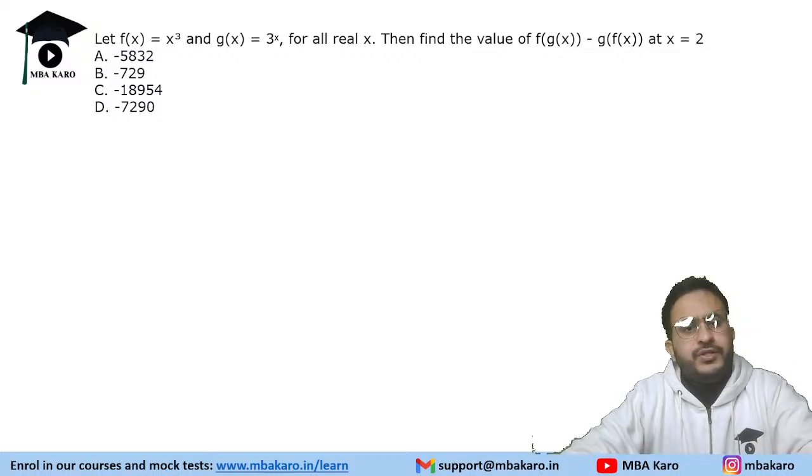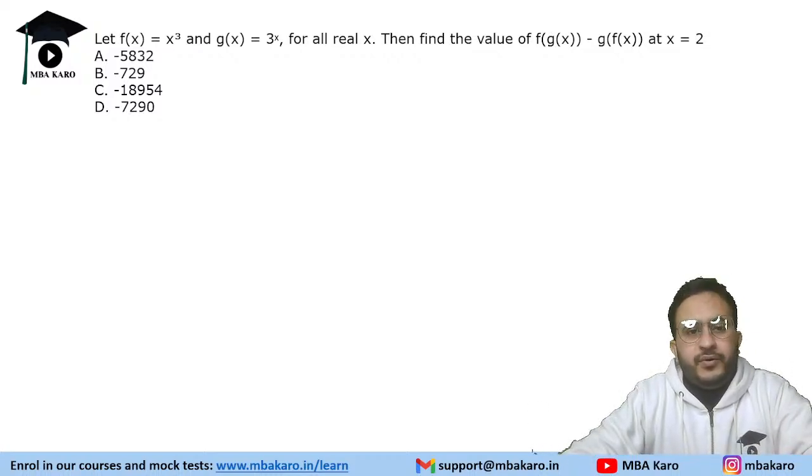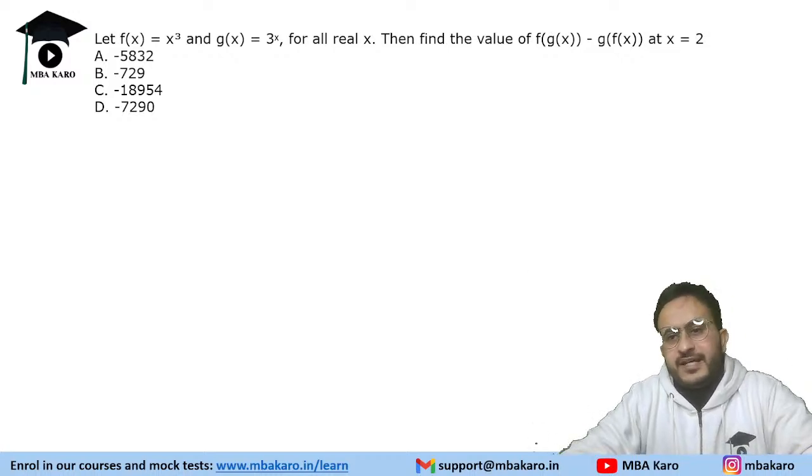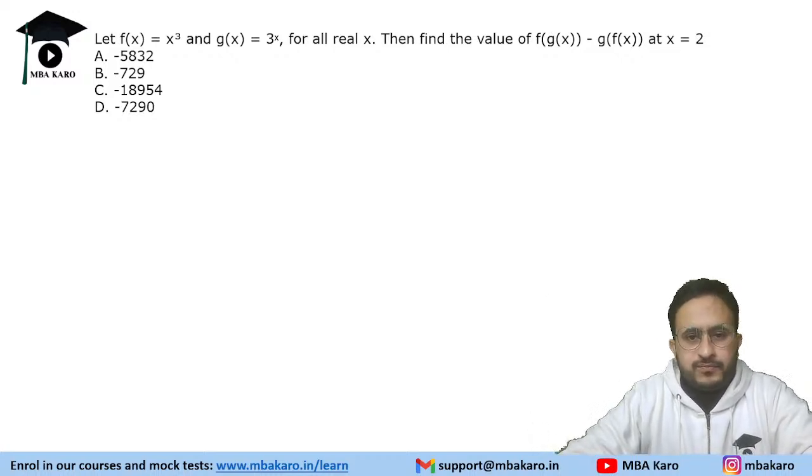So another question on algebra. f(x) is equal to x cube and g(x) is equal to 3 raised to the power x for all real x. You need to find the value of f(g(x)) minus g(f(x)) at x equal to 2.